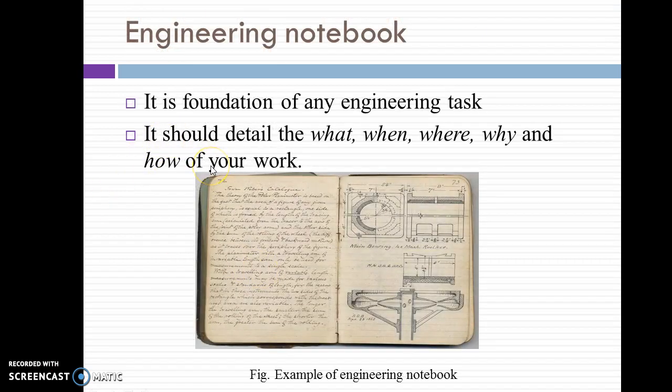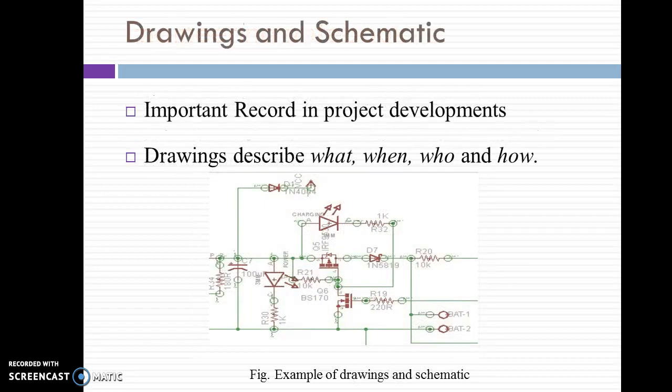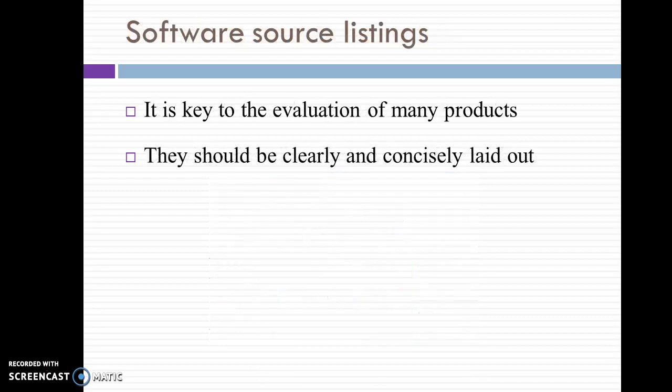The engineering notebook is the foundation of any engineering task. It should detail the what, when, where, why and how of your work. Drawings and schematics record the project development. They describe what, why, when, how and who is going to use it.